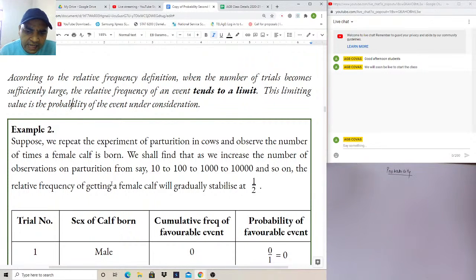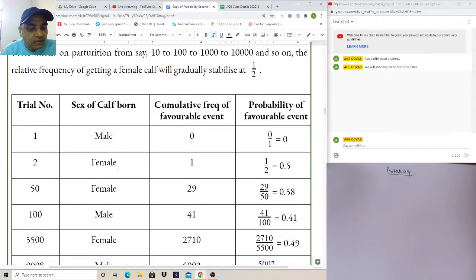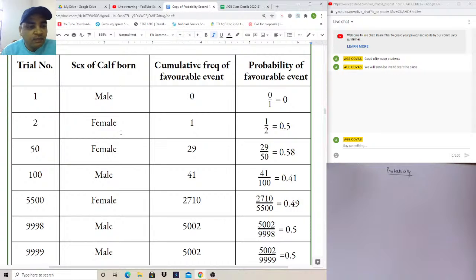We shall find that as we increase the number of observations on parturition from 10 to 100, then 100 to 1000, then 1000 to 10,000 and so on, the relative frequency of getting a female calf will gradually stabilize at 1 by 2. This is the beauty.